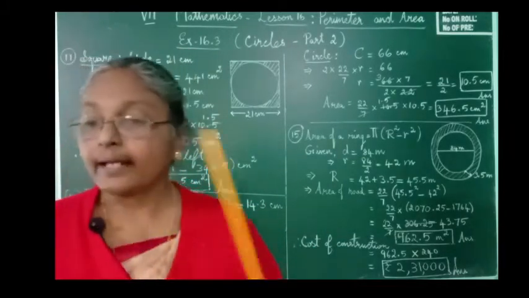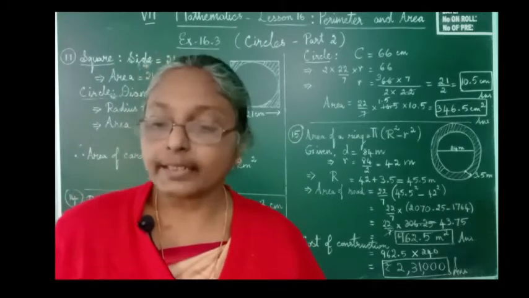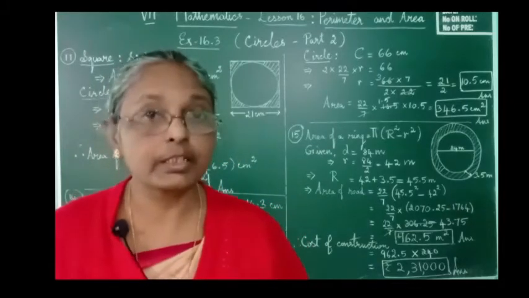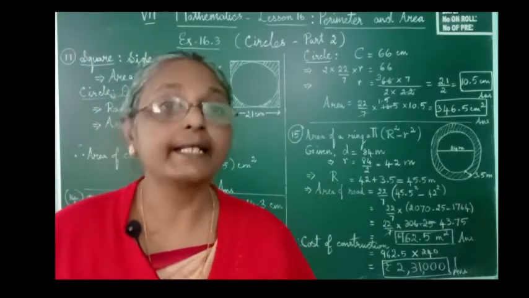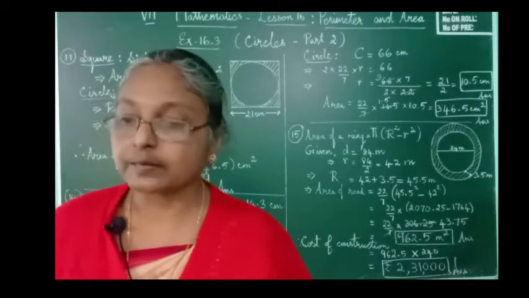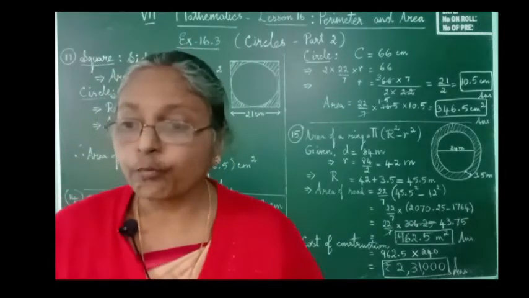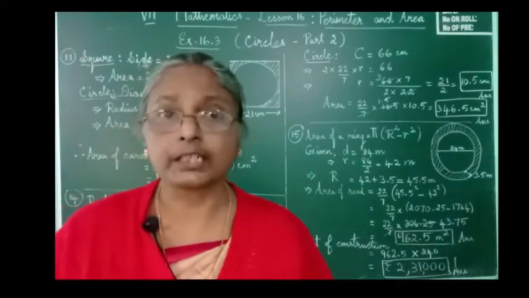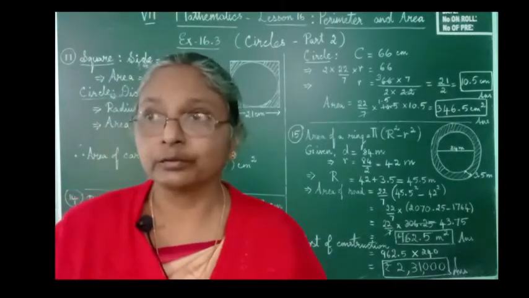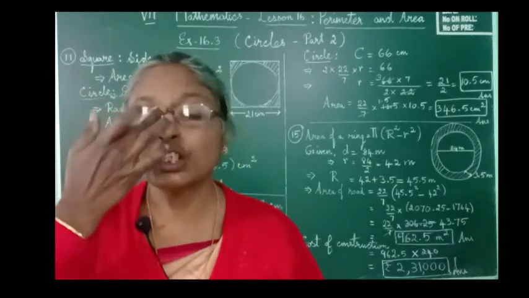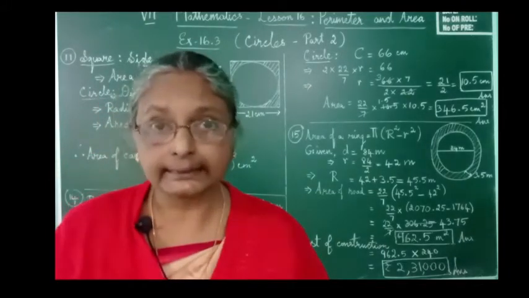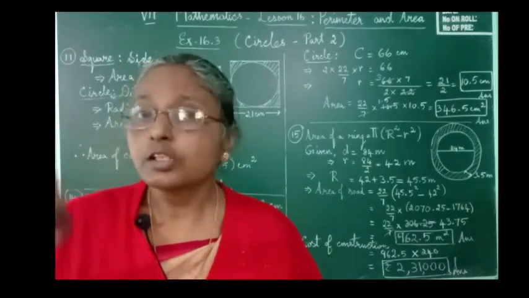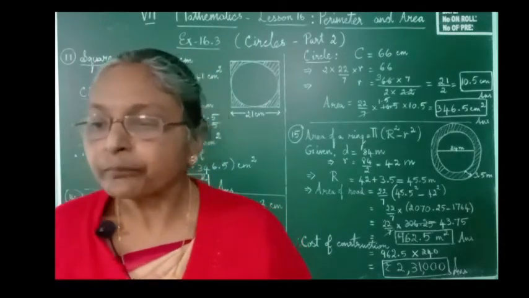There is a square cardboard and its dimension is given to be of side 21 centimeters and a circle of maximum area. That means the sides of the circle should be touching. The boundary of the circle should be touching the square, sides of the square, inside.